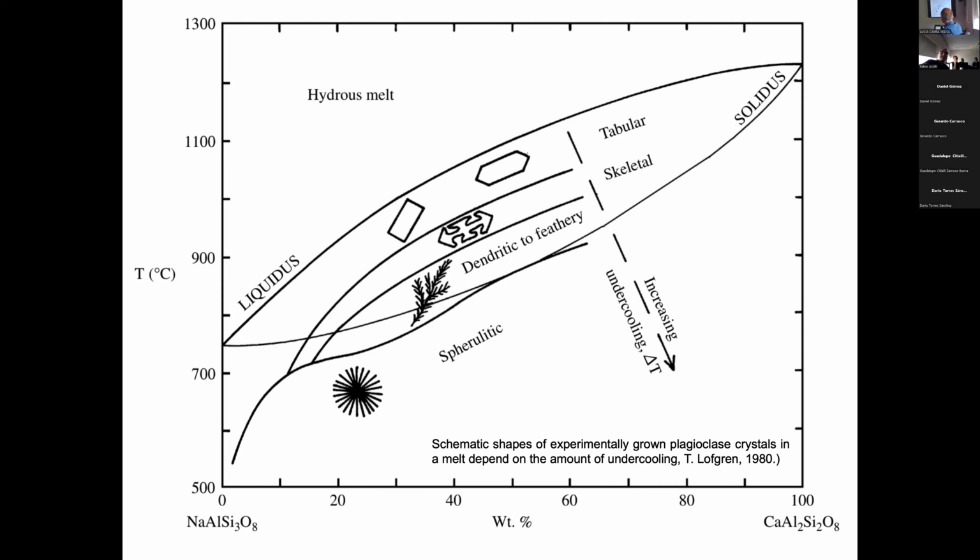This is the liquidus that we discussed yesterday. This is the solidus. So therefore, a condition close to the liquidus will have euhedral tabular shapes, and increasing the undercooling, the distance from the liquidus will have skeletal, then dendritic, up to spherulitic shapes, at a very large undercooling. So the undercooling, of course, will increase in this way.